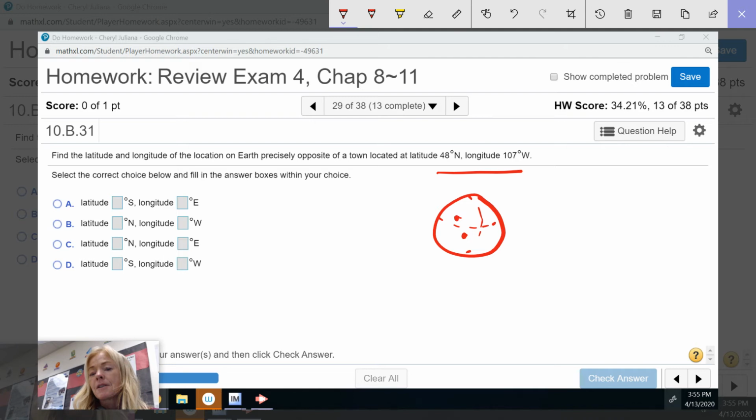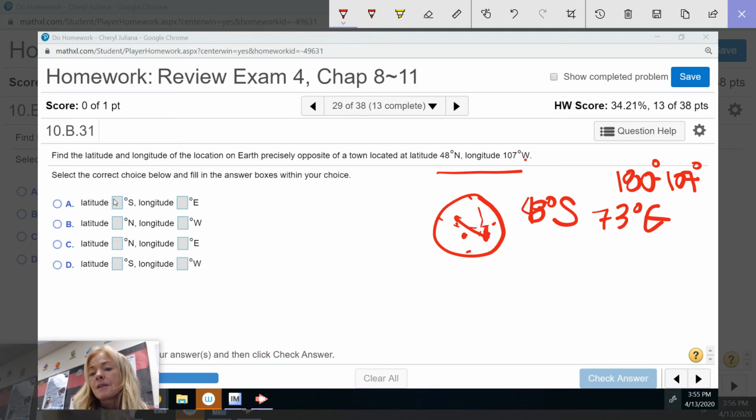So if we're up here and we go straight through the Earth and come out on the other side, however far we were north, we're going to be that same distance but south, so 48 degrees south of the equator. And if we were 107 degrees west, going straight through is going to take us to east at 180 minus 107 degrees. So 180 minus 107 is 73, so it'll be 73 degrees on the east side.